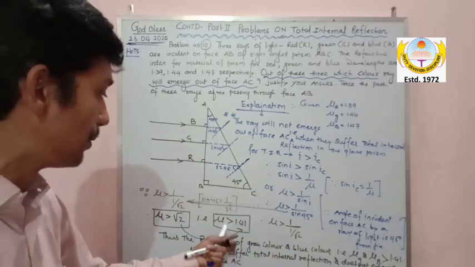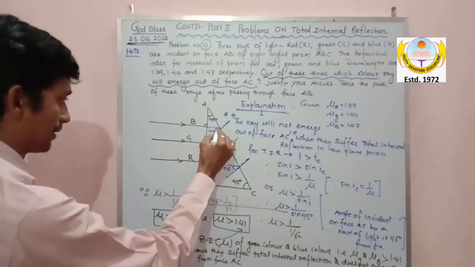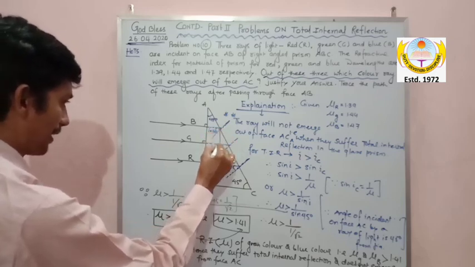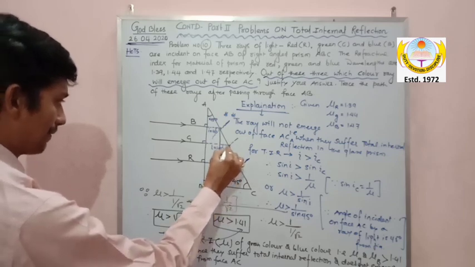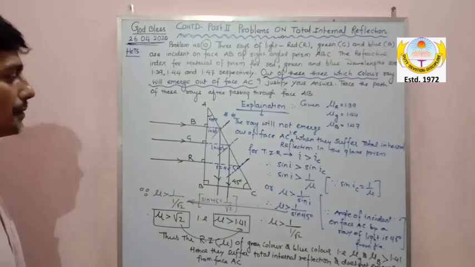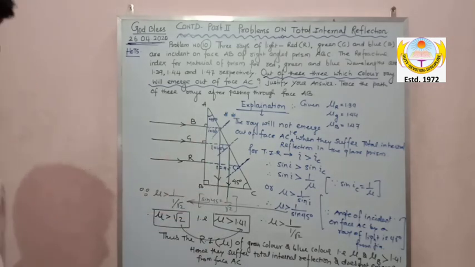So जितने लोगों का mu is more than 1.41, they all will suffer total internal reflection. So here blue color will suffer total internal reflection, even green color will suffer total internal reflection, my dear. Now I am giving the answer for the question.